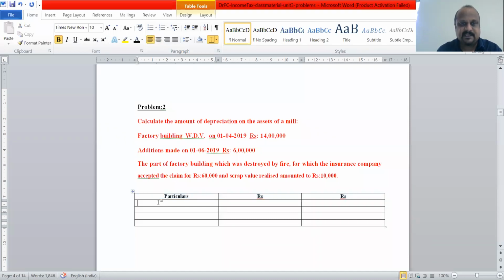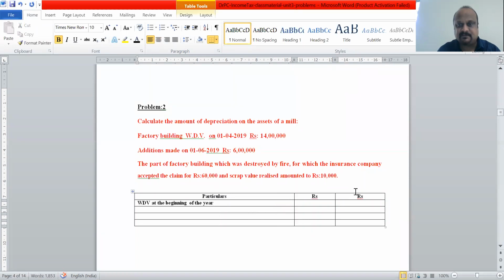Okay, let us see the first one there. What is given? The WDV at the beginning of the year. At the beginning of the year, what was the written down value of the block of asset? It is 14 lakhs.